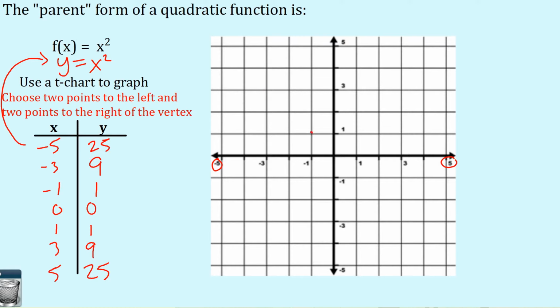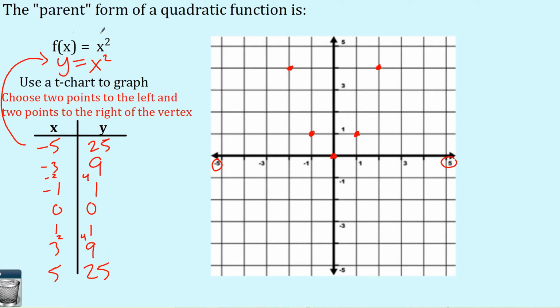But -1, 1, and 0, 0, 1, 1, those were all on my graph, but I don't have anything else because the next thing was way up here. So maybe I should plot -2 and 2. If I plug in -2, I get 4, and if I plug in +2, I also get 4. So now I can see all my points, and now I can graph it.